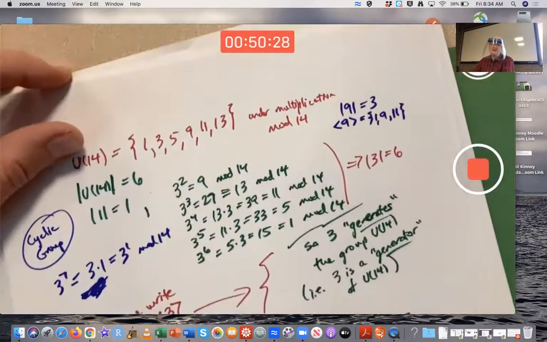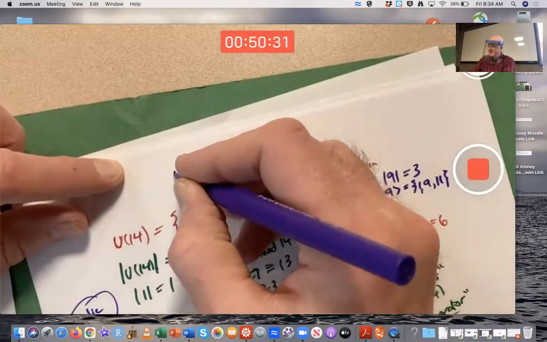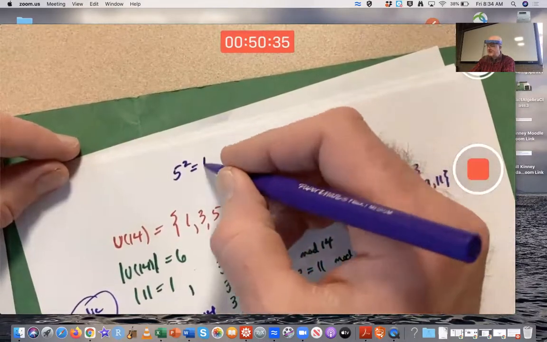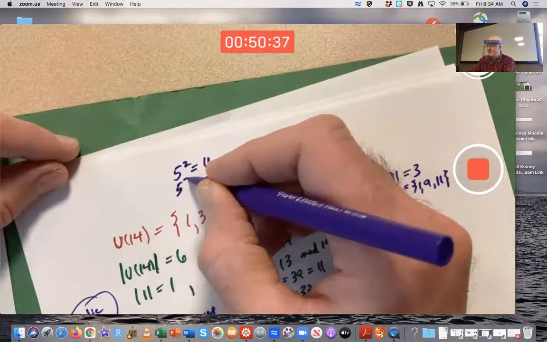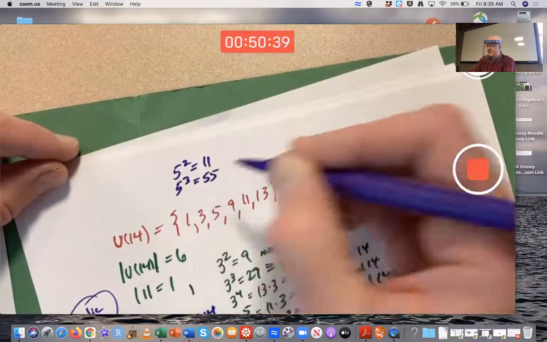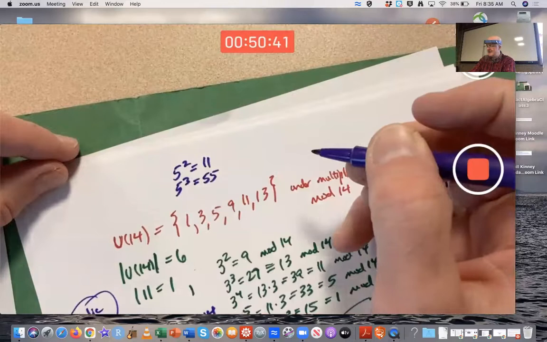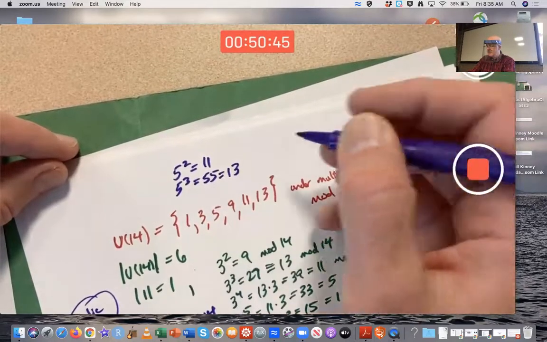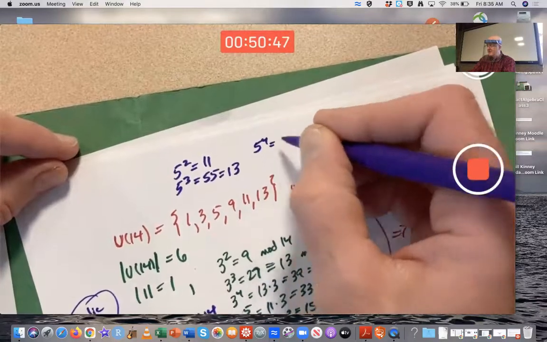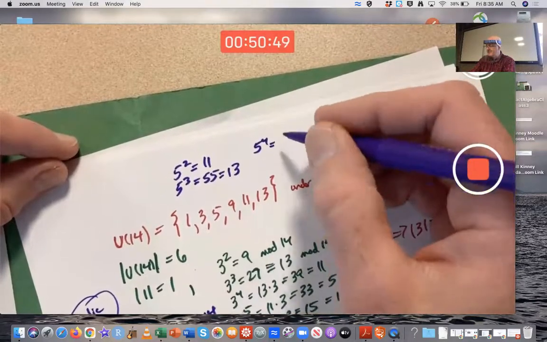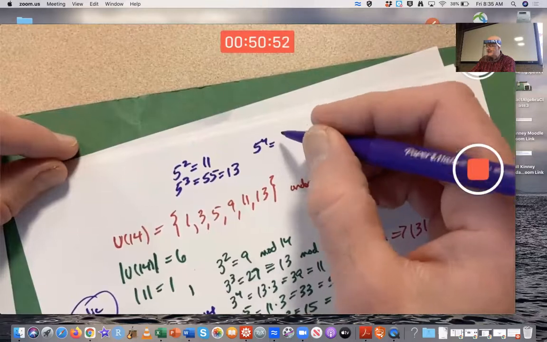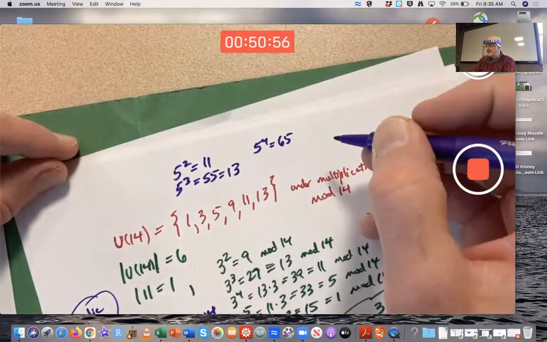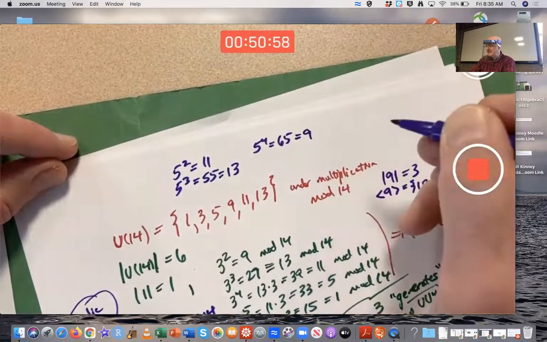That can be justified. But yeah, 5 squared is 25, mod 14 is 11. 5 cubed is 55, mod 14 is 13. 5 to the 4th is 5 times 13 is 65, mod 14 goes into 56, this is 9.